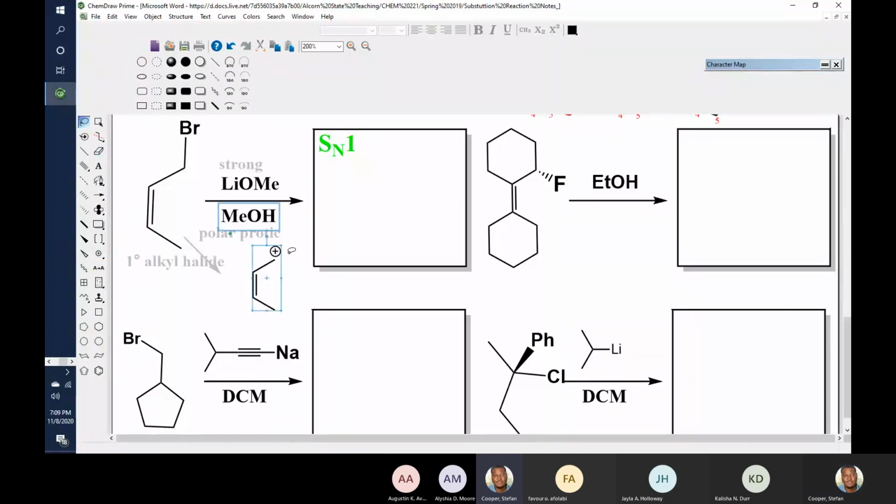Help me out. Is this stable? No. All right. Is there anything productive that can happen? We could do a hydride shift or we could do a resonance. Be careful. I don't see the hydride. Is there a potential hydride that can shift? If I look at the neighboring carbon right here, there is a hydrogen here. Can that one participate in the hydride shift? No, it can't, because it's attached to a carbon in a double bond.